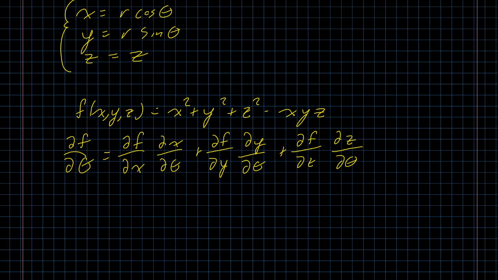All right, this is a function that we have looked at before. The partial of f with respect to x is going to be 2x minus yz, and the partial of x with respect to theta, the derivative of r times the cosine of theta, is going to be minus r times the sine of theta.